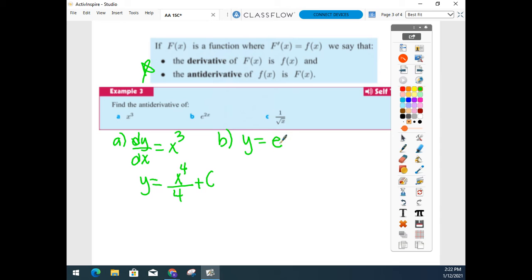The derivative is e to the 2x. Think about your process. What is the derivative of e? So what's your antiderivative? Well, the nice thing about e, the derivative of e would be just e. Well, what do we always have to chain on?